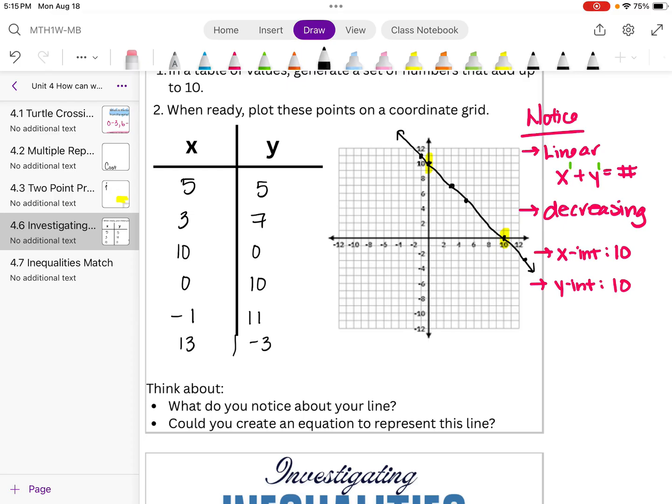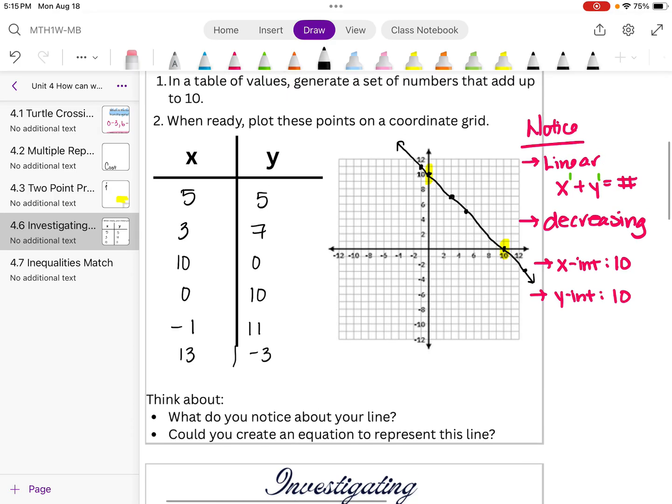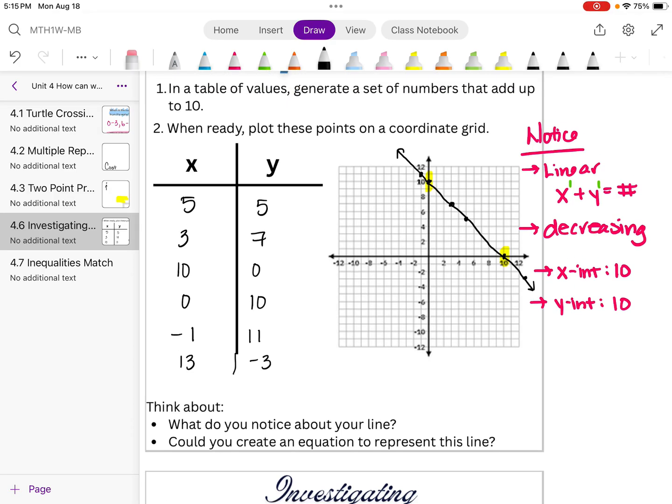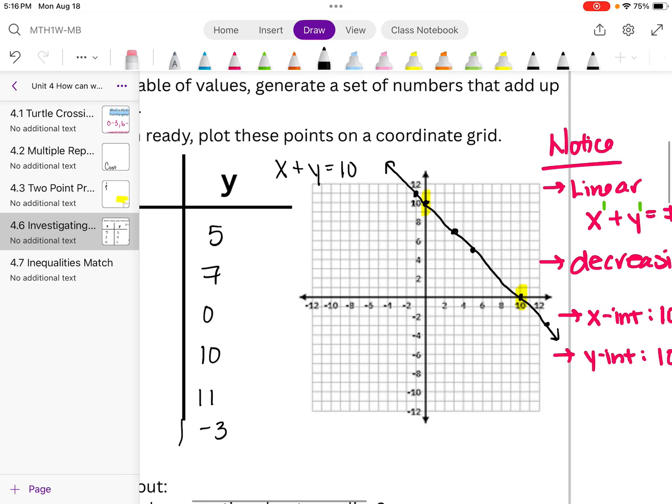Okay, and maybe you've created an equation. If I created equations, some people in the past have seen two different possibilities. Because it says generate a set of numbers that add up to 10, if I take my two numbers x plus y and add them together, it equals 10. Or, I'm going to zoom in here, some people might have come up with, because we've already done equations of lines, the fact that my b value, my y-intercept, is 10, and then I'm going down 1 and over 1 to get to my next point.